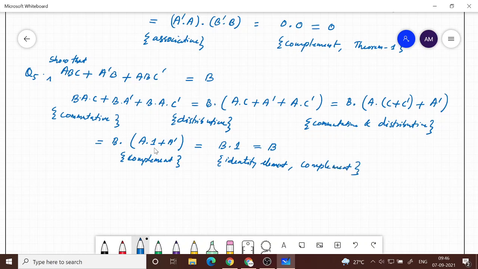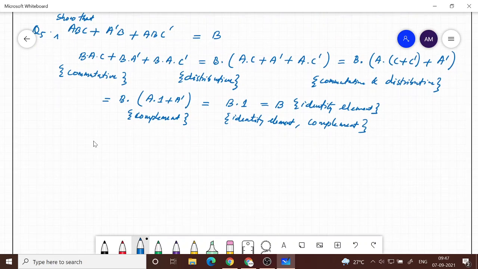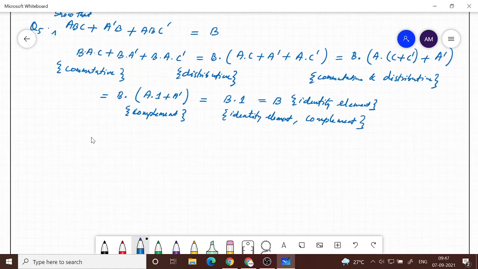Okay, then again it is followed by identity element. So writing these steps and giving the reason for the step, it may look a little overhead, but do that so that you get practice of it. Okay. Next, question number 6.